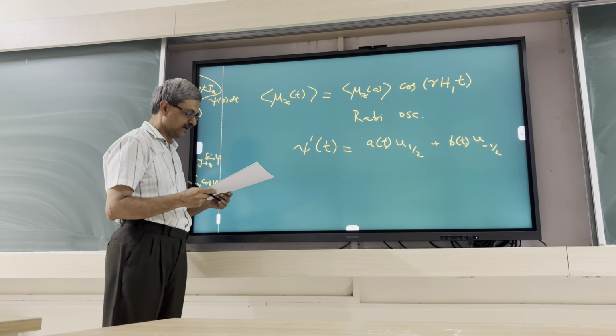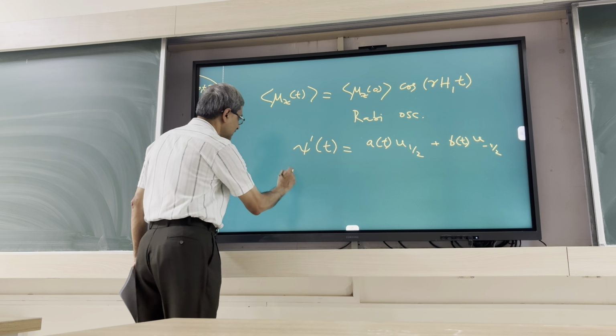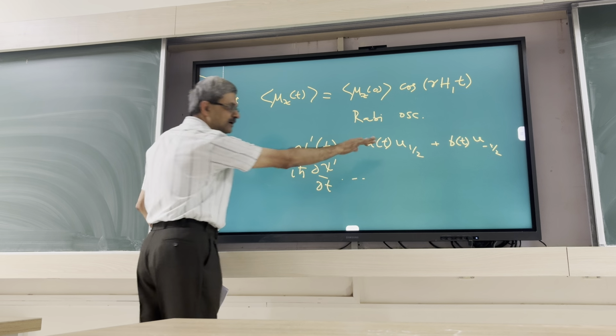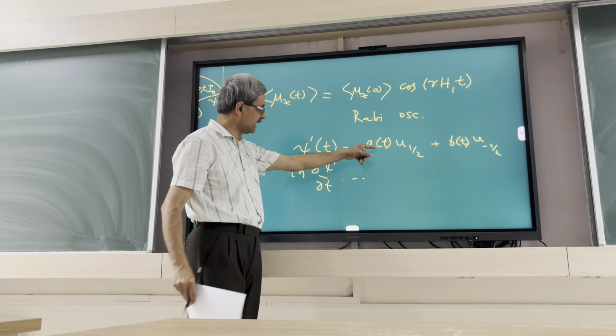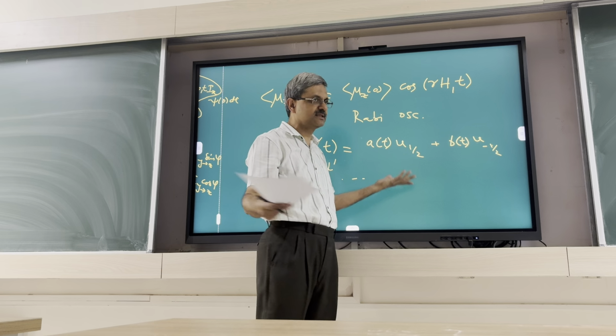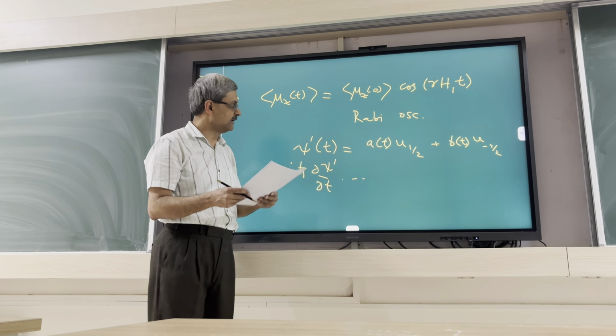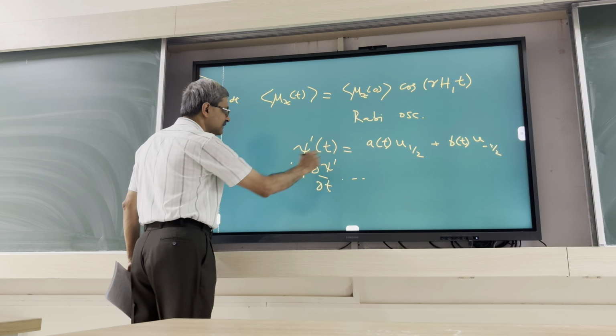Okay, and then you do i h bar del psi del t and so on. So here you will take the time derivative of this A and B. These are just eigenstates, so nothing to do here. They're not changing.